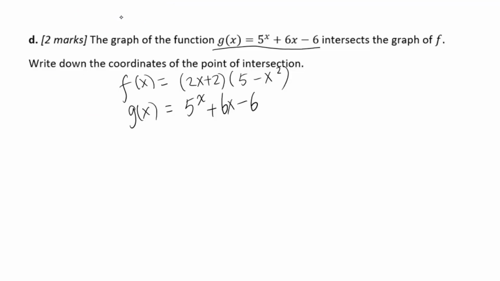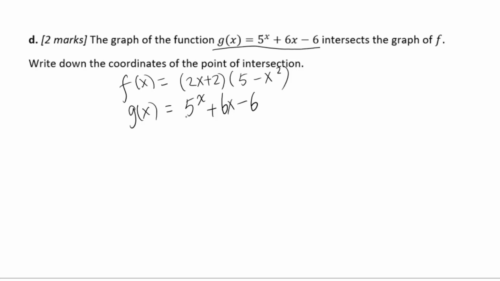Let's go to D. The graph of the function g of x equals 5 to the x power plus 6x minus 6 intersects the graph of f. Write down the coordinates of the points of intersection. We know f of x equals (2x plus 2) times (5 minus x squared).